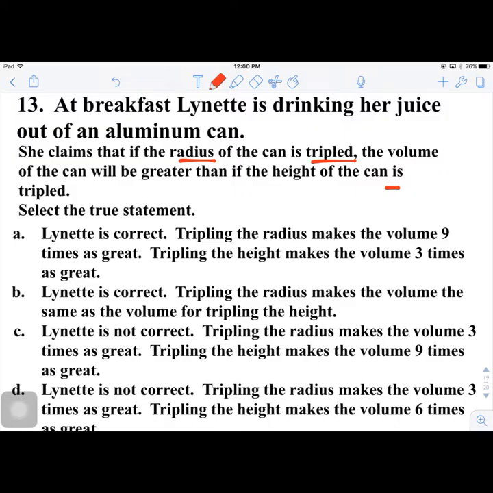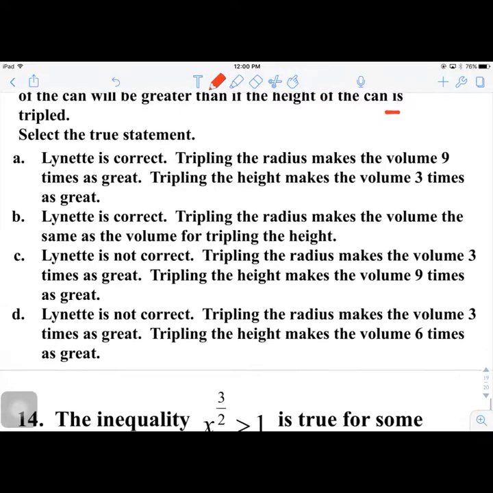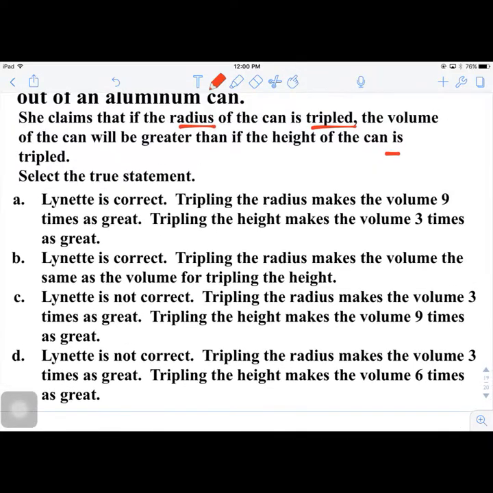If we triple the radius, we need a volume formula for the aluminum can. Notice the aluminum can is in the shape of a cylinder, so the volume is given by pi r squared h. And if we triple the radius, then it will be pi times 3r squared h, which gives us 3 squared, which is 9, and then pi radius squared h.